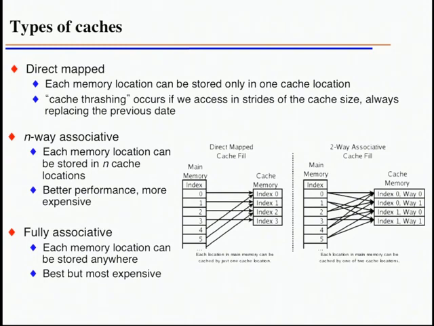So there's several types of caches. There's one very straightforward implementation if you're trying to build a cache, which is you compute the location where something will be stored in cache directly from its address. So if your cache has place for 4 cache lines, say, then if the remainder of dividing the address by 4 is 0, you put it into the first part of the cache.